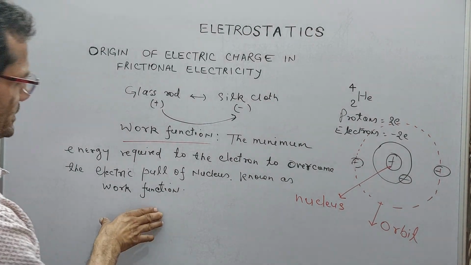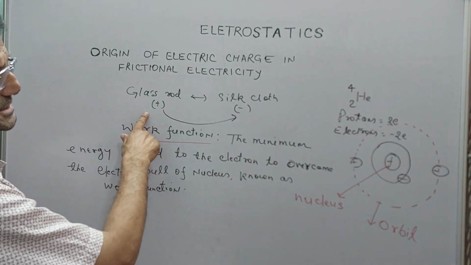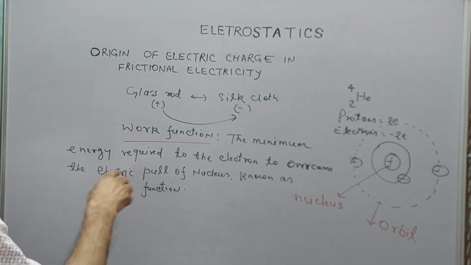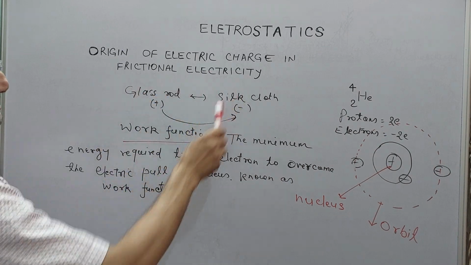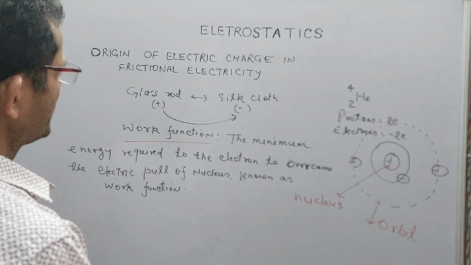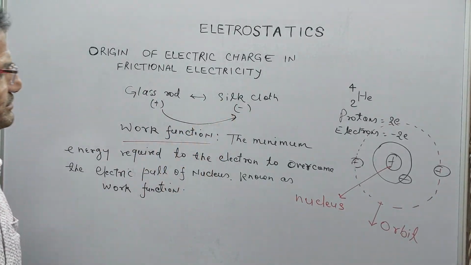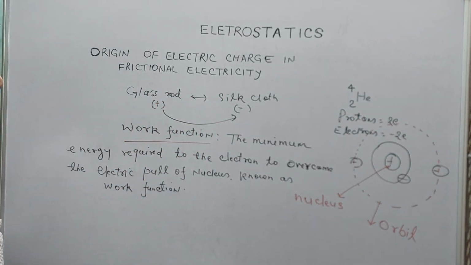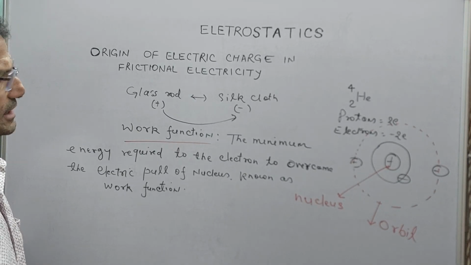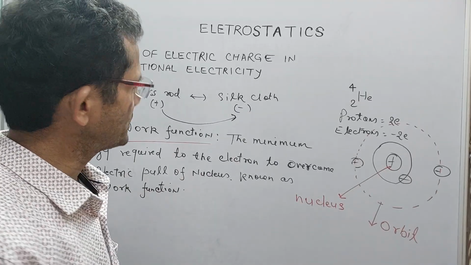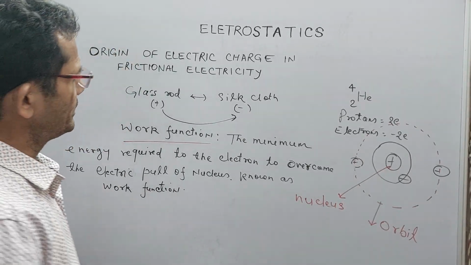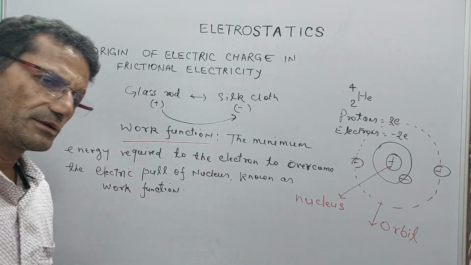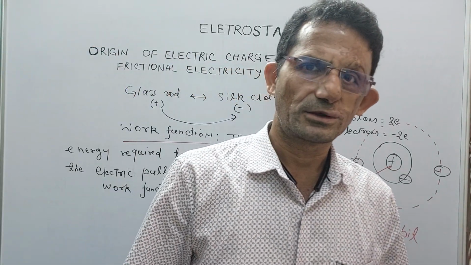This charging is known as frictional electricity because of the friction when you rub these two objects and slide them against each other. You are overcoming the friction, so you give some energy to these objects.